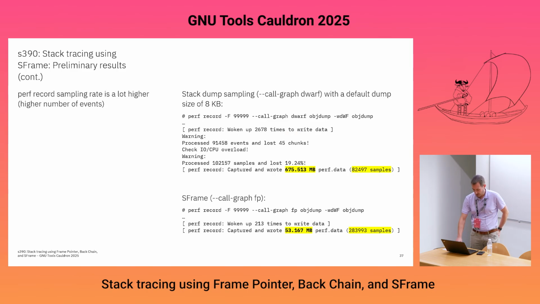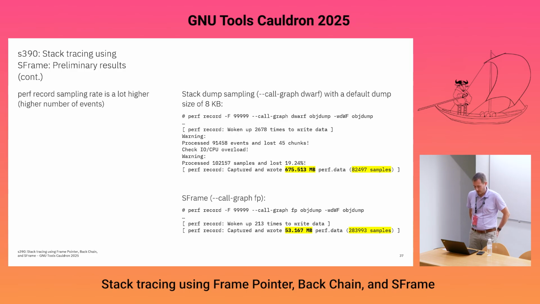And then also the sampling rate is a lot higher. At the top, we again have the stack dump sampling, at the bottom SFrame, and I'm using an insane sampling rate that is near the maximum possible. So you see for the stack dump sampling, there are lost samples and a huge data size.